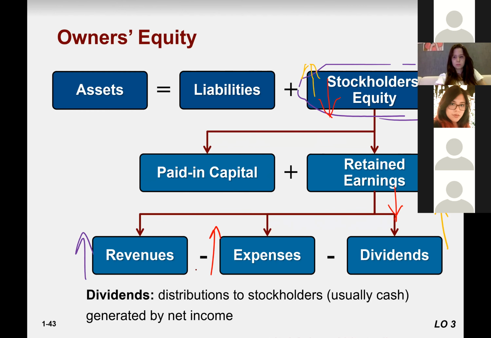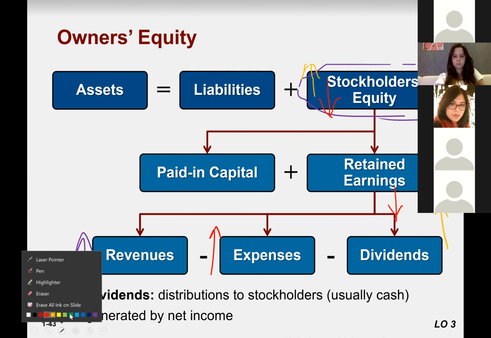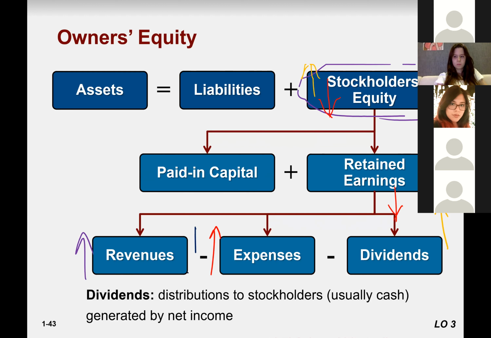If expenses decreases, what happened? Retained earning increases. Retained earning increases causes increase in stockholder equity.